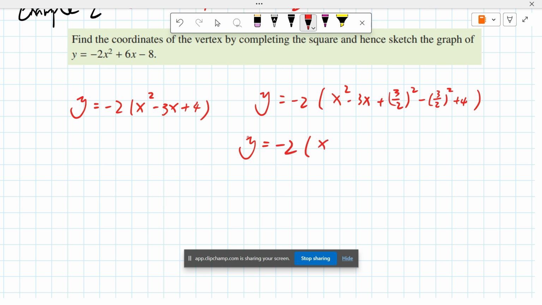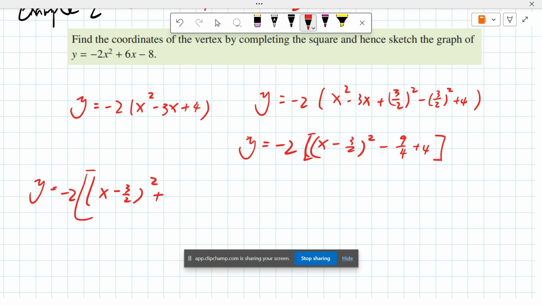So x minus 3 over 2 squared. I use a big bracket, and minus 9 over 4 plus 4. So y equal to negative 2 x minus 3 over 2 squared, and plus, so 16 minus 9 is 7, which is 7 over 4.